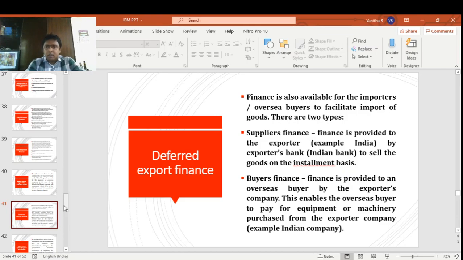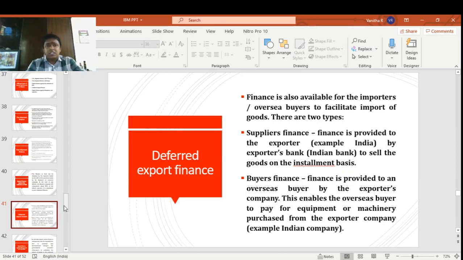Supplier finance: finance is provided to the exporter, for example India, by the exporter's bank, an Indian bank, to sell the goods on an installment basis. Then the second scenario we can take is buyer's finance. Finance is provided to an overseas buyer by the exporter's company. This enables the overseas buyer to pay for equipment or machinery purchased from the exporter company, for example an Indian bank.